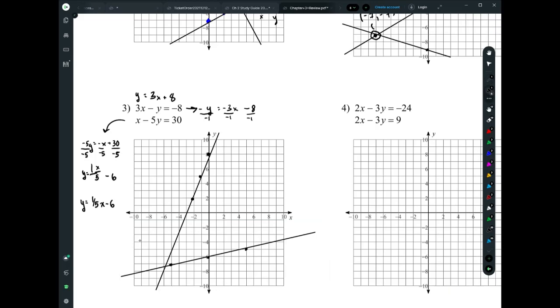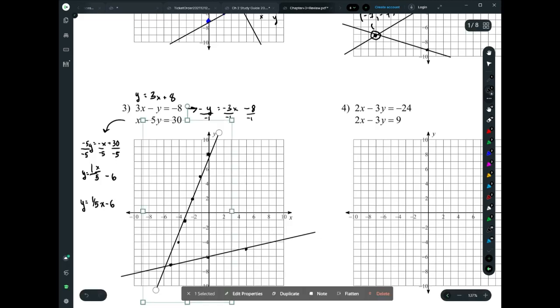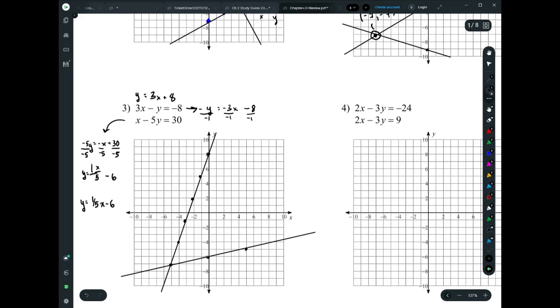Down 3, and 1, down 3, and 1. Yeah, and this first line's just off by a little bit. Okay, so the intersection point is at, remember, coordinate points, -5 and -7.